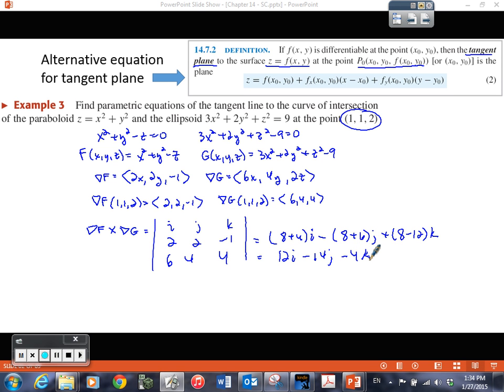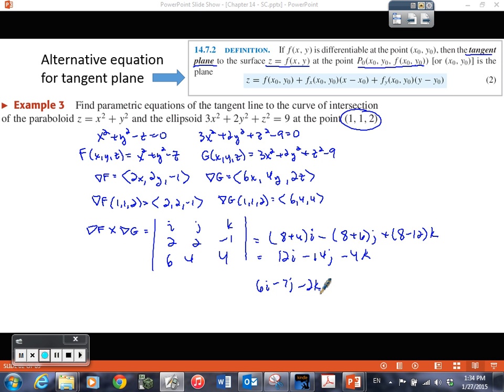So this is the tangent vector at (1, 1, 2) to the curve of the intersection. Any scalar multiple of this vector is also going to be tangent at the point (1, 1, 2) to the curve, so we can simplify the vector to make it easier to work with. If we divide the entire thing by 2, we get a simplified version of this vector, 6i minus 7j minus 2k.